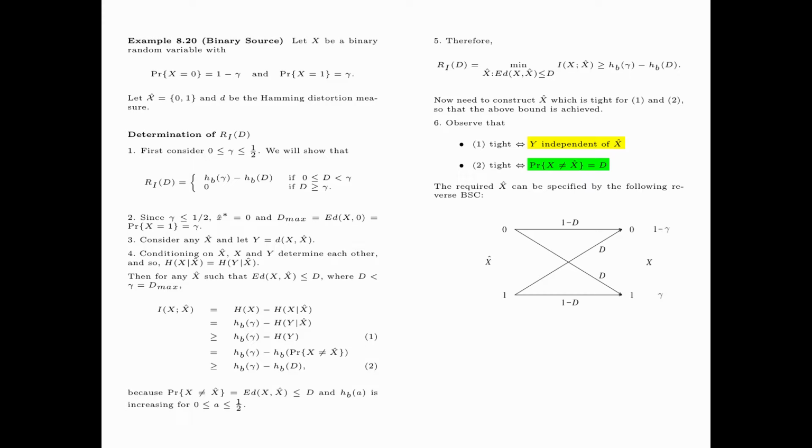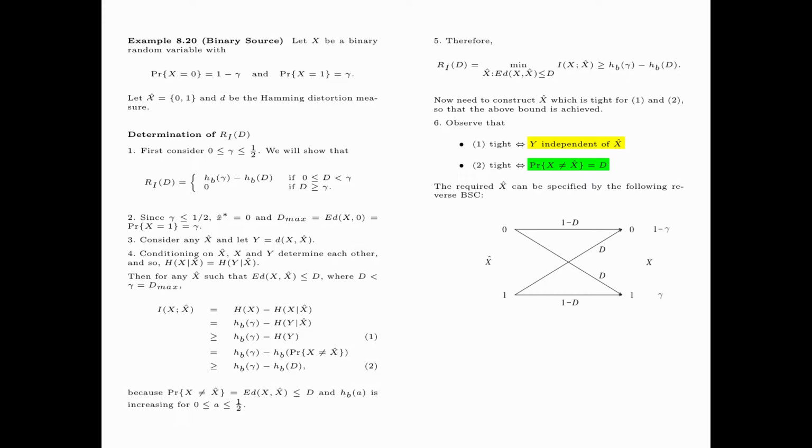Toward this end, we notice that the binary symmetric channel with crossover probability equal to D is exactly what we need, because for the BSC, the probability of the error event is independent of the input variable X hat.